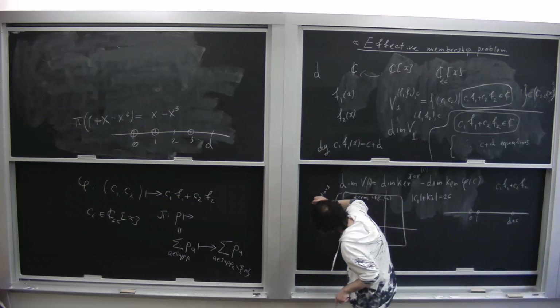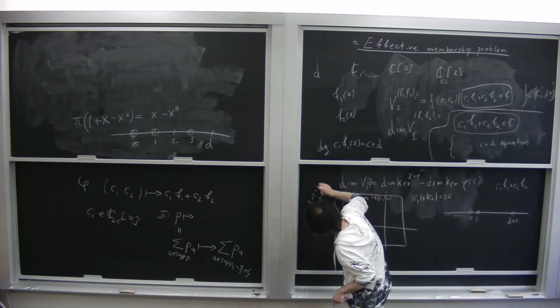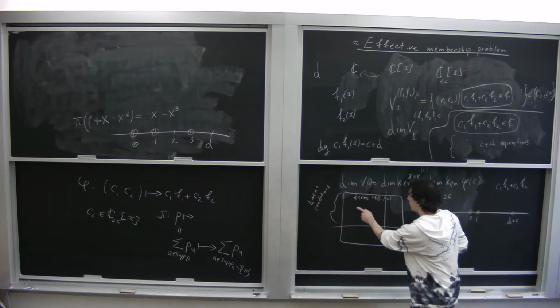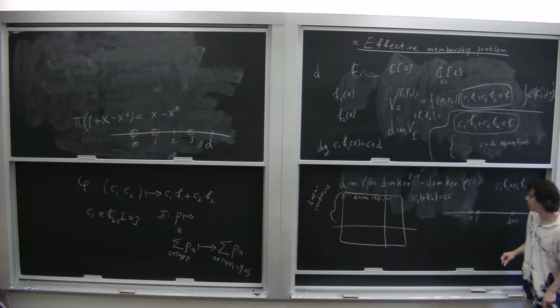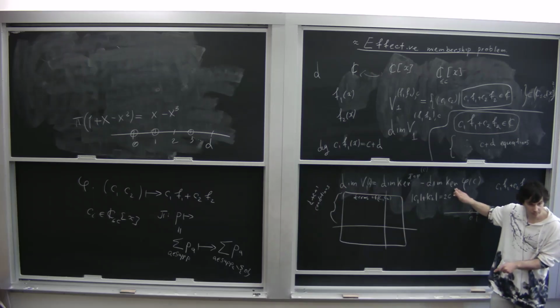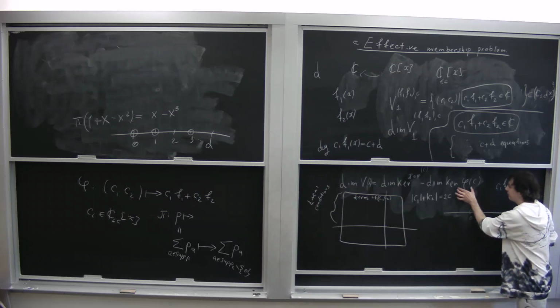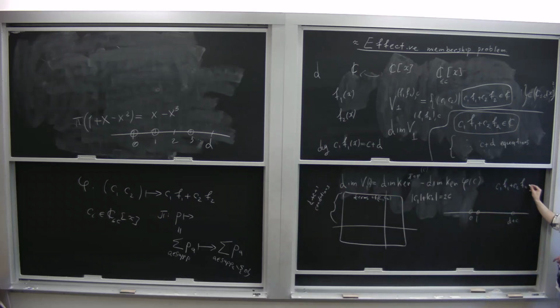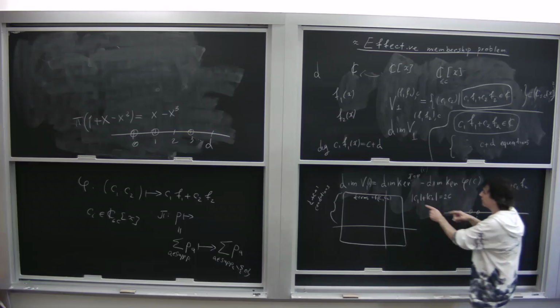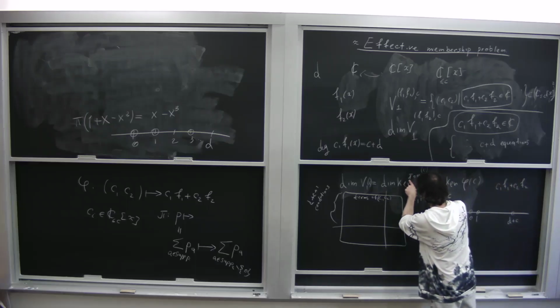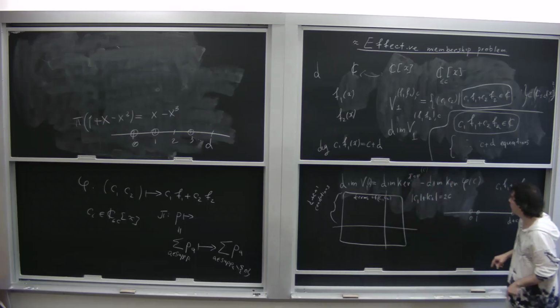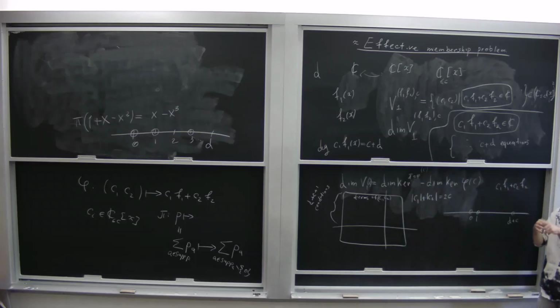So yes, we will have D plus C plus 1 conditions, but one of them will only show here, because in the kernel of pi composing with pi, we only want everything to vanish except the constant term.